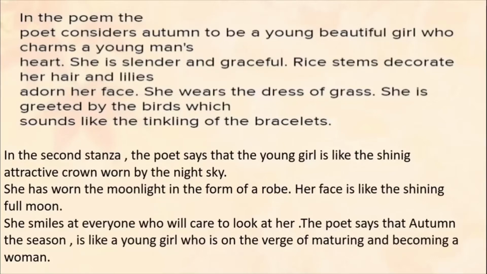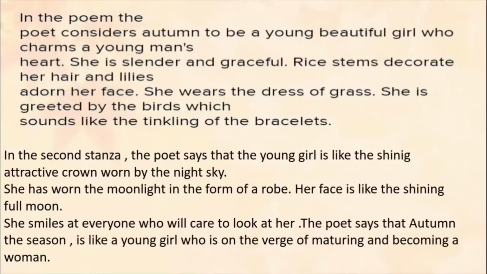And she smiles at everyone in order to attract them to her. The poet says that autumn, the season, is like a young girl who's on the verge of maturing and becoming a woman. Okay, so this was the summary of the poem, Autumn.